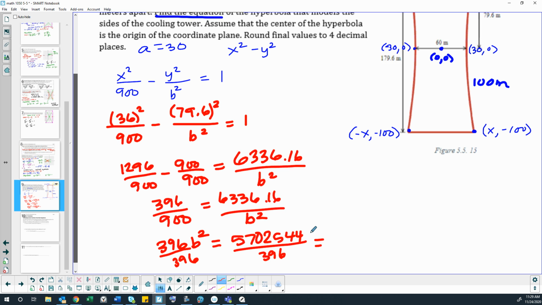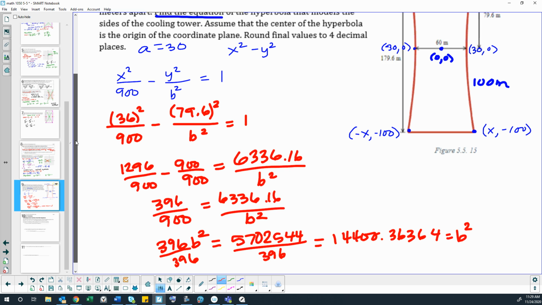And we get 14,400.36364. That is b squared. That is what we need for our equation. And if we really wanted b, we could square root that to get b.